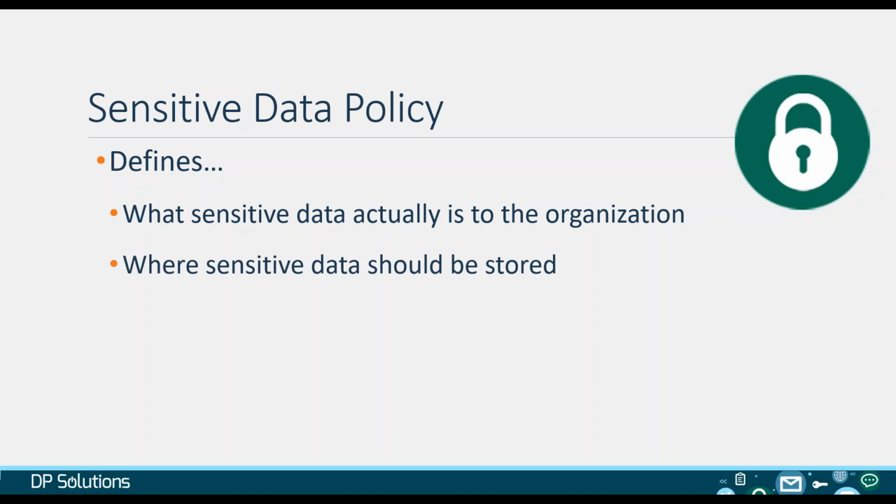It should also define where this sensitive data should be stored. Specifically, company technology assets like servers or databases that are centrally managed, where that information can be backed up, and so on and so forth. And it should be clear that people shouldn't be using personal devices to store sensitive data.